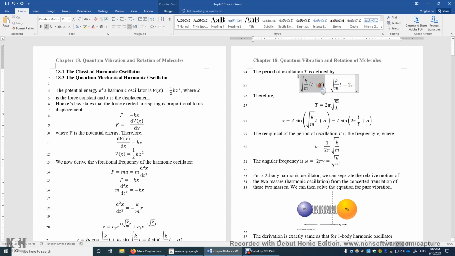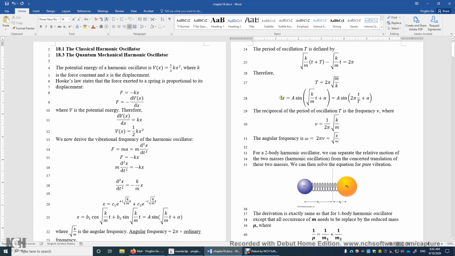So if we compare this and this, the difference should be 2 pi. This is because the period of a simple sine function, sine theta, is 2 pi. By solving this equation, we cancel this lowercase t and this lowercase t. We learn the period of oscillation is 2 pi times the square root of m over k.